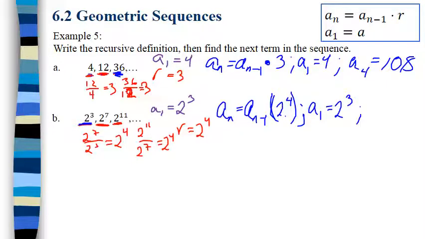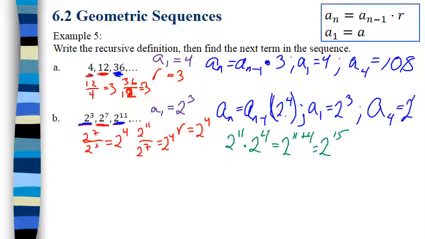And to get my next term, I'm going to multiply 2 to the 11th times 2 to the 4th, which means I have 2 to the 11 plus 4, which is 2 to the 15th. So my next term, which is a sub 1, a sub 2, a sub 3, a sub 4, is 2 to the 15th.